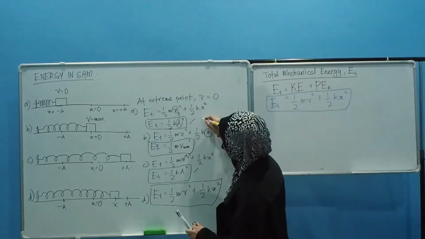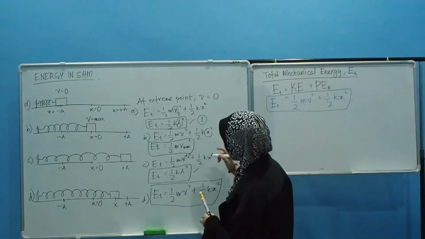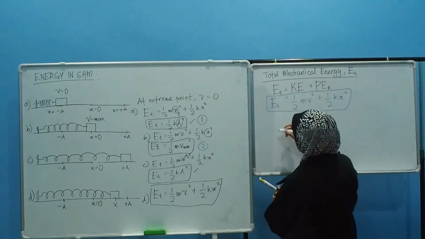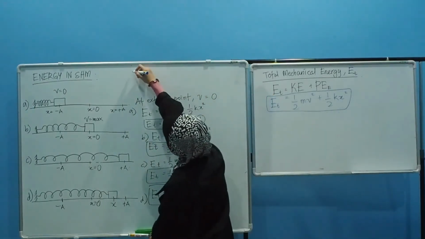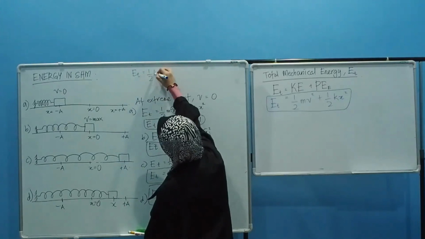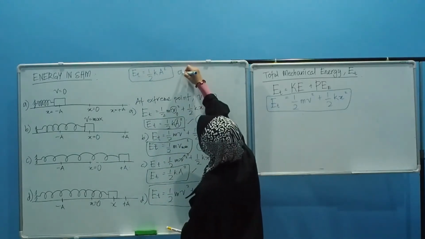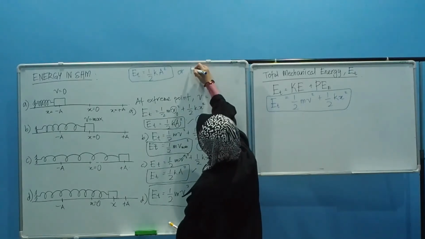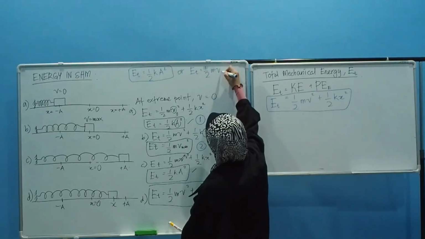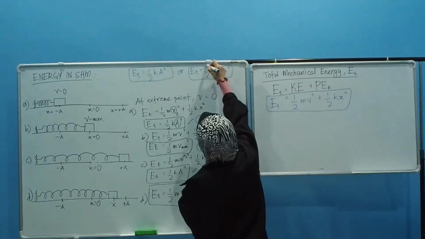One is the total energy equal to half kA squared, or you can calculate the total energy by using E_t equal to half m v maximum squared. Two equations here.